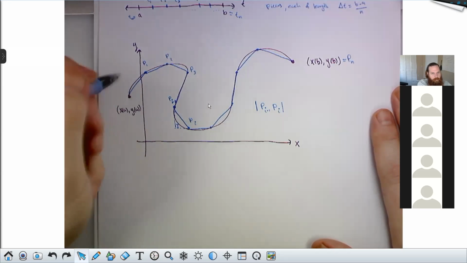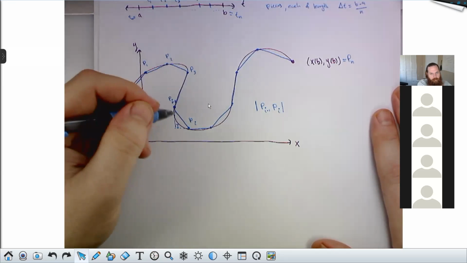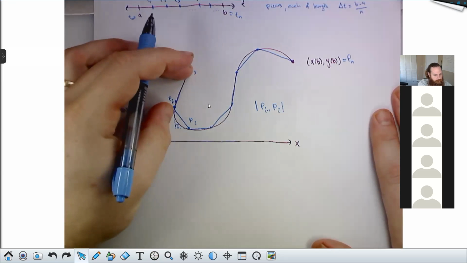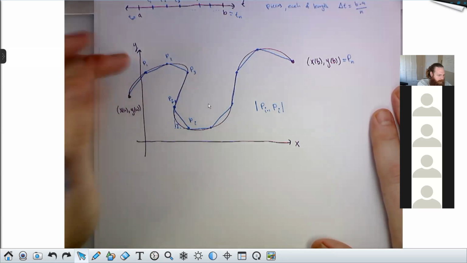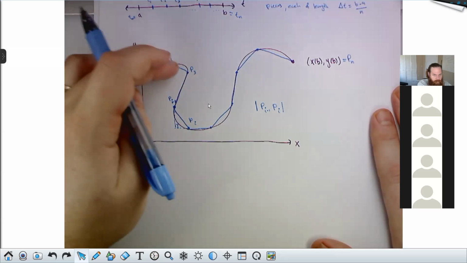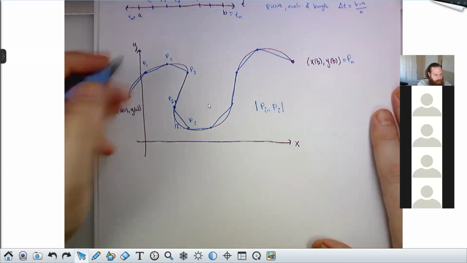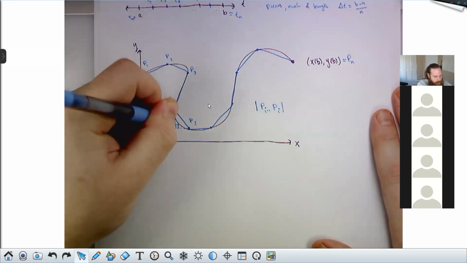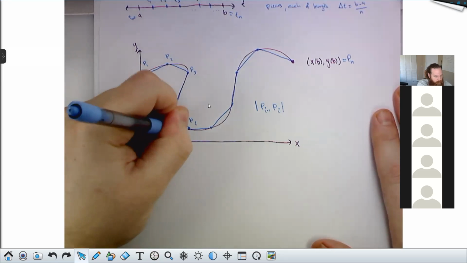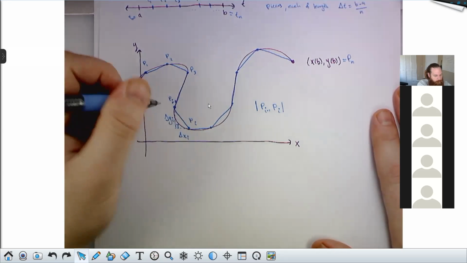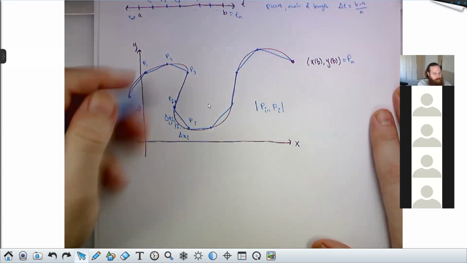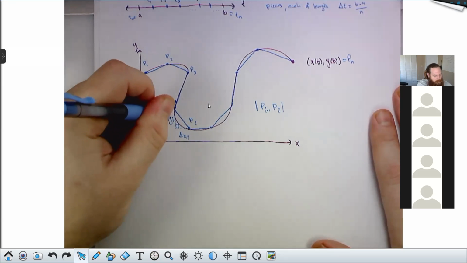The catch is that these are not equally spaced, right? You notice the length along the curve from here to here is way different than this. And the x distances are not always the same. The y distances are not always the same. So here I'll call this delta yi, and here I'll call this delta xi, with the knowledge that both delta yi and delta xi change from point to point.